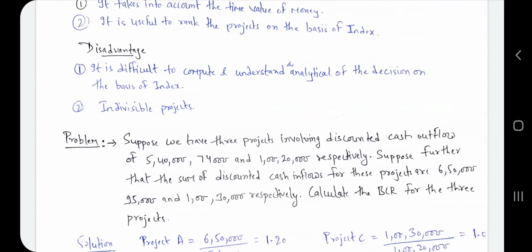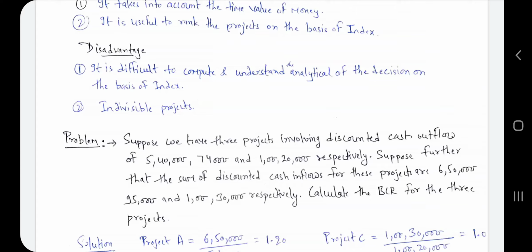Suppose we have 3 projects involving discounted cash outflows, meaning today's investment, of 5,40,000, 74,000 and 1 crore 20,000 respectively. Suppose further that the sum of discounted cash inflows, meaning what you earn, is 6,50,000, 95,000 and 1 crore 30,000 respectively.